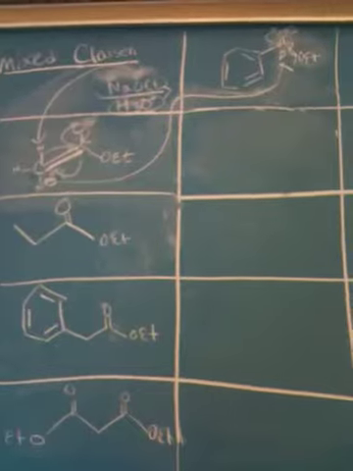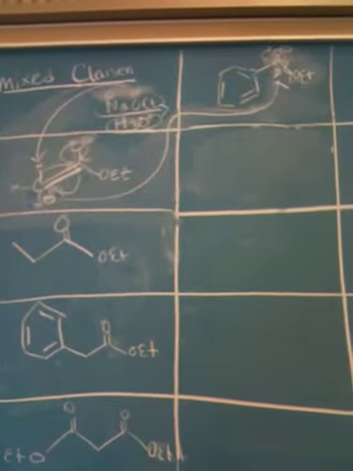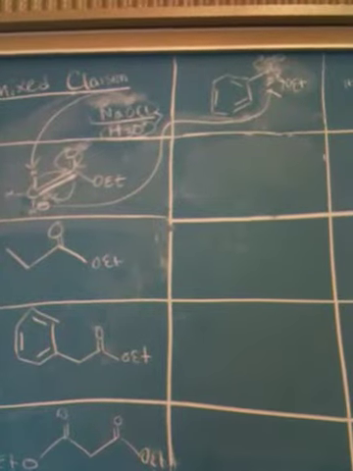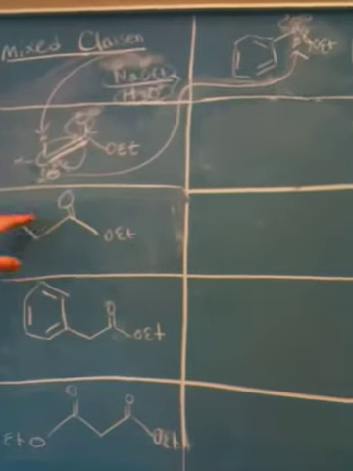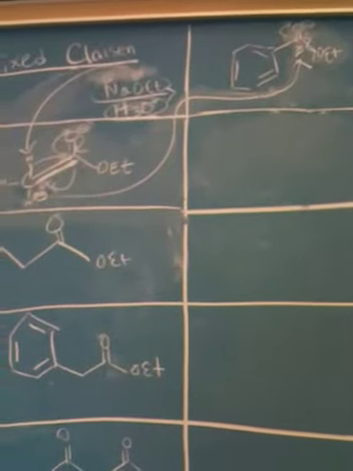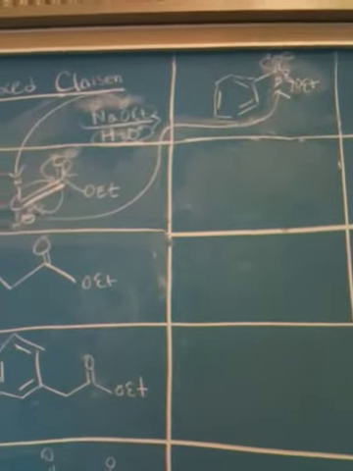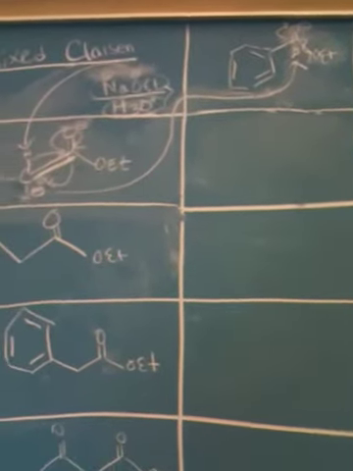Okay, so now that we went through the mechanism of the mixed Claisen, you can just fill it in because the mechanism is exactly the same for each one of these. And OET ends up getting kicked off, and the alpha gets attached to the beta. So now we can write our products.